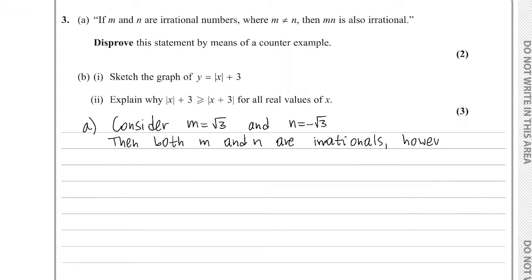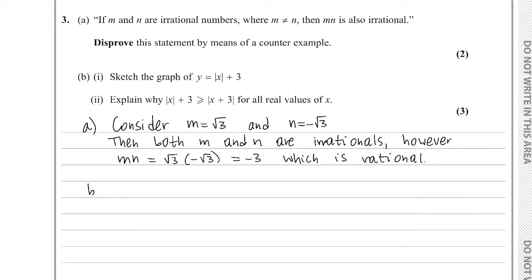However, mn is root 3 times minus root 3, which is negative 3, which is rational. So this is enough for us to disprove the given statement.